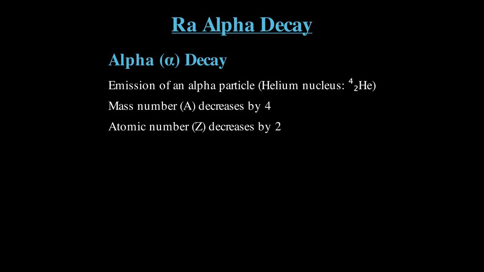See the equation here. The mass number decreases by 4 and the atomic number decreases by 2. The general form of alpha decay is a parent nucleus X with mass A and atomic number Z, decaying into a daughter nucleus Y with mass A-4 and atomic number Z-2, plus a helium nucleus.